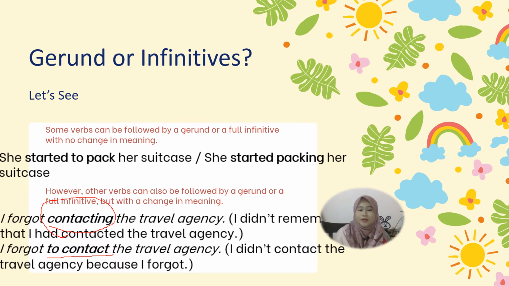Okay, so even though some verbs can use gerund and infinitive with the same meaning, there are some verbs that can change the meaning. So you must be very careful on this one. So make sure you understand how to use gerund and how to use infinitives. Okay, so again, if you have any question, feel free to ask me or Madam Rashida.